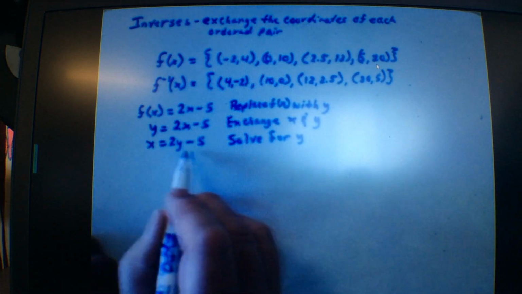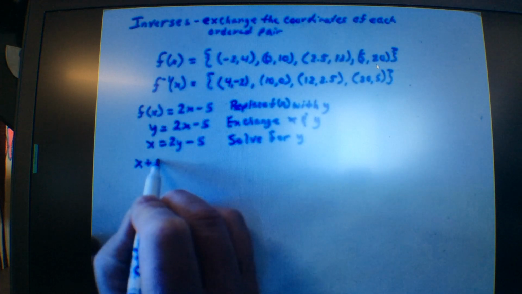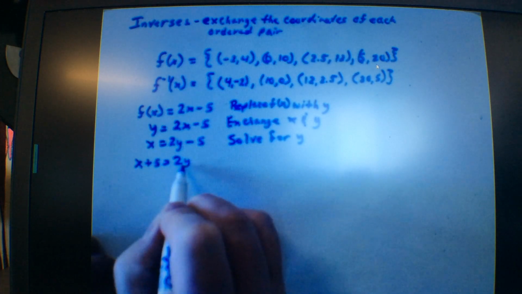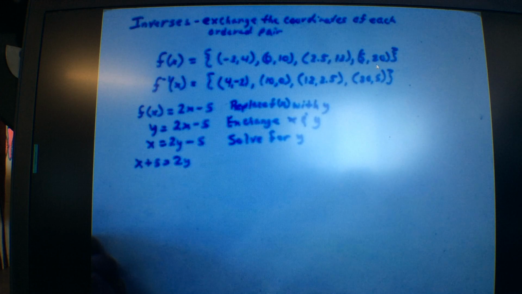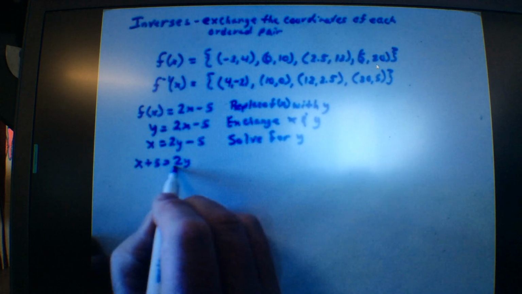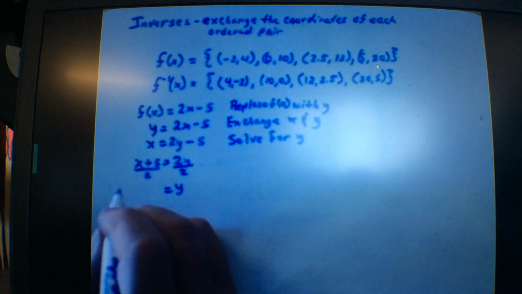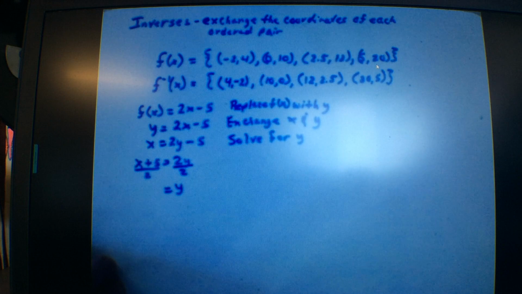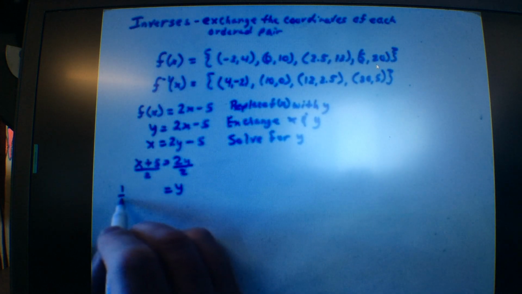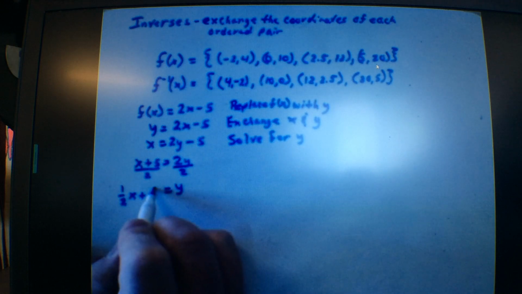So I'm going to add 5 to both sides. So I have x plus 5 equals 2y. I'm close, I just have to divide by 2. When I divide by 2, I divide everything by 2, and I rewrite it in slope-intercept form. So I write it as 1/2 x plus 5 halves.